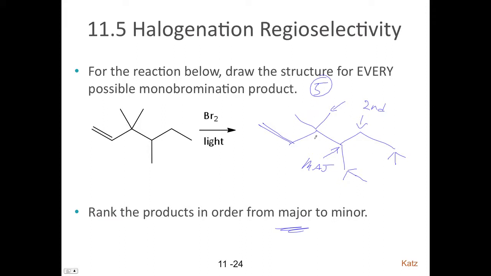Which ones? I don't know. If I had to take a wild stab at it and rank them, I'd probably say this is the first, this is the second, and I'm going to guess this might be the third, because it has a carbon here with 2 hydrogens on it.